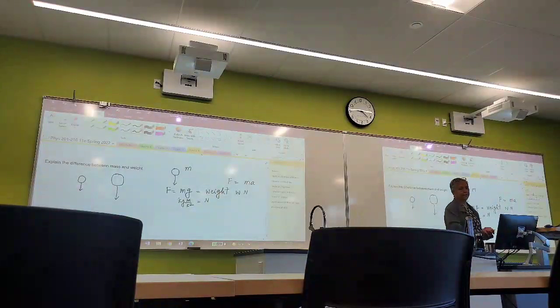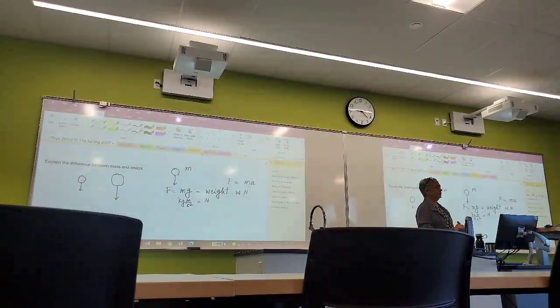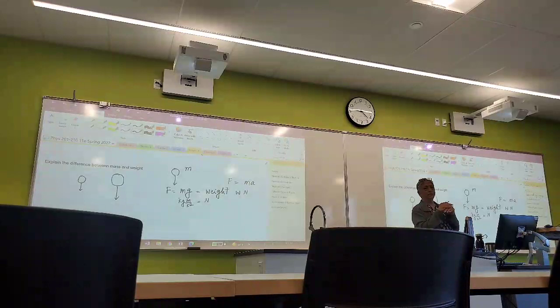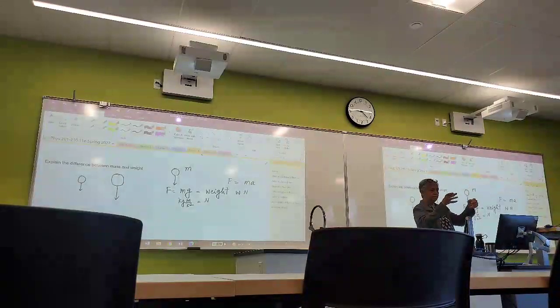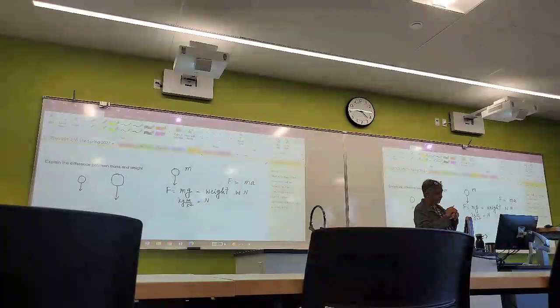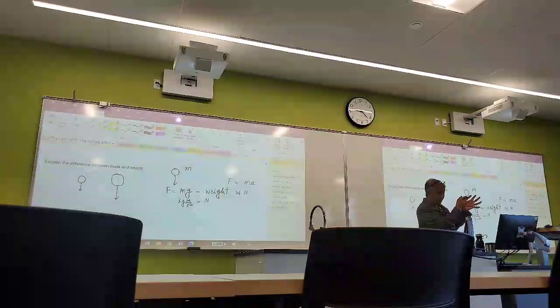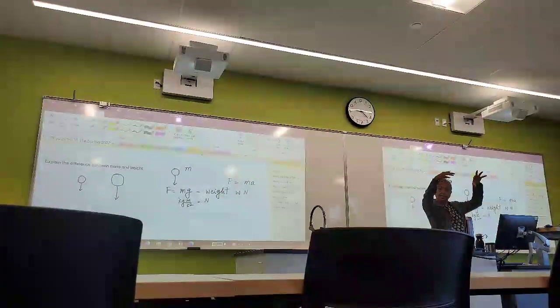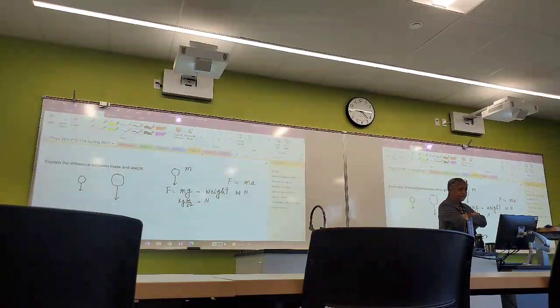So if the force is big, acceleration should be big, right? So this big mass should have more acceleration than the smaller mass. But if I drop both from the first floor, which will hit the ground first?